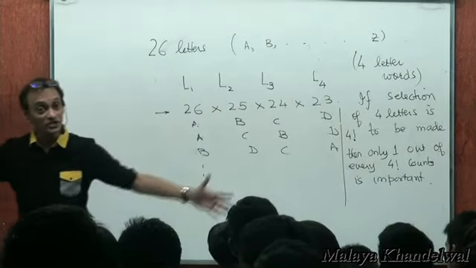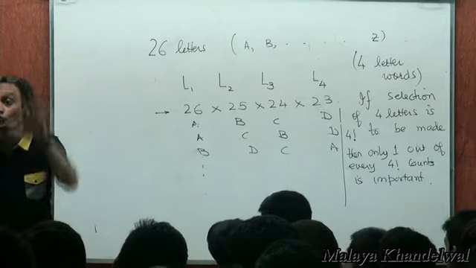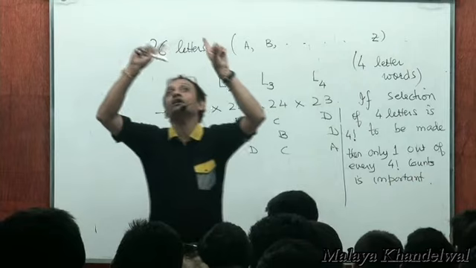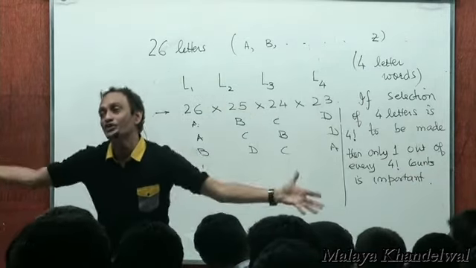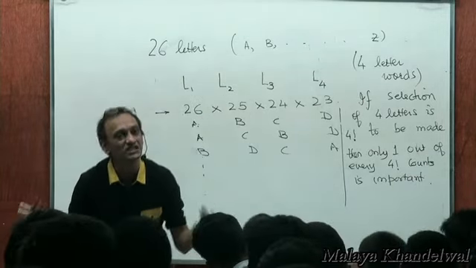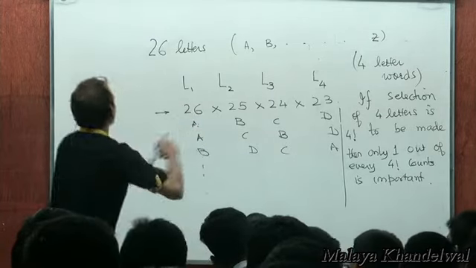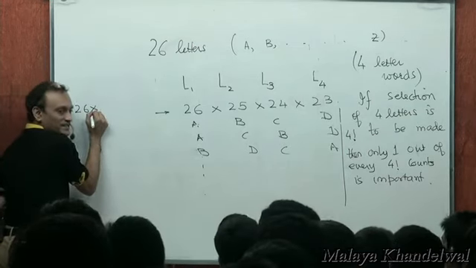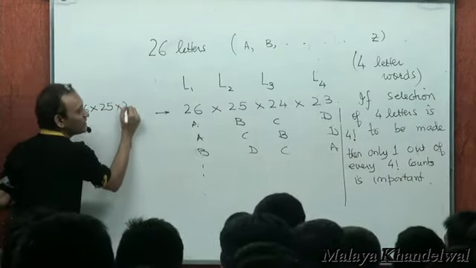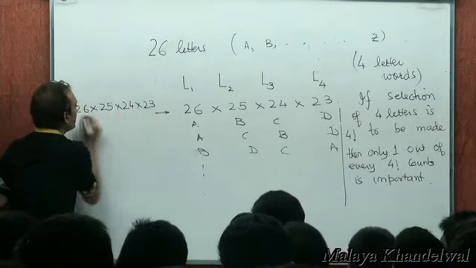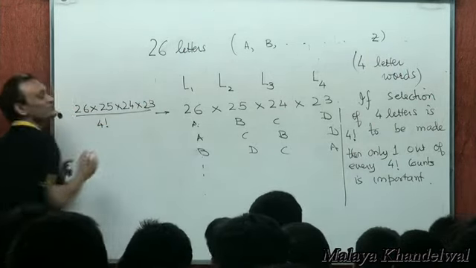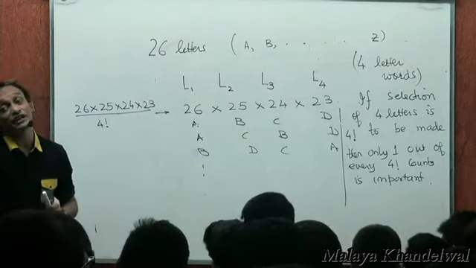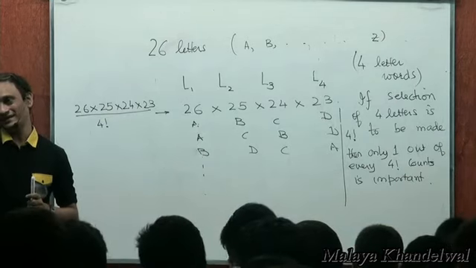If the order is important, this is the count. If the order is not important, this count would have to be suppressed, because only 1 by 4 factorial of this count will contribute towards selection. Yes or no? Yes, sir. So if it's a selection, the total number of ways in which it could be made is 26 into 25 into 24 into 23 divided by 4 factorial. This would be the number of ways in which 4 letters could be selected from 26 available.